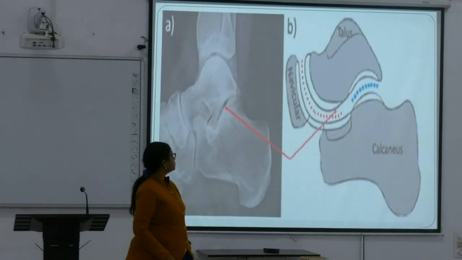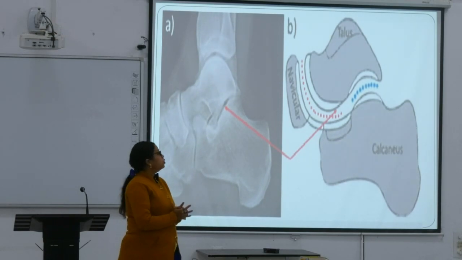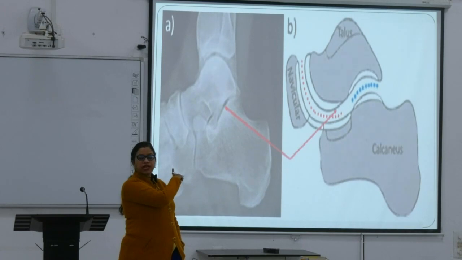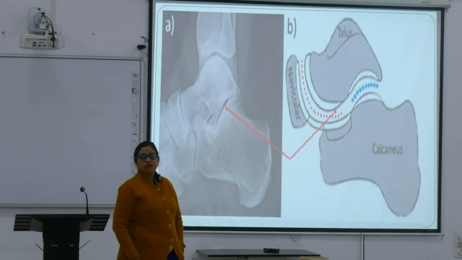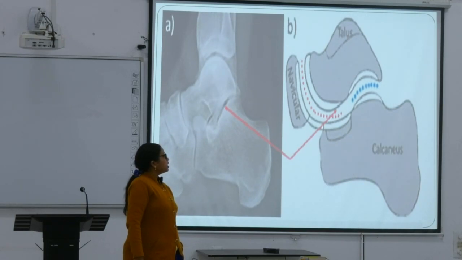Okay. Next one. So see, this is the talus and calcaneum. So if you see clearly, the head of the talus is articulating anteriorly with what? That is the concave navicular bone. Okay. Now see the inferior part, it is fully articulating with the calcaneum. Okay.